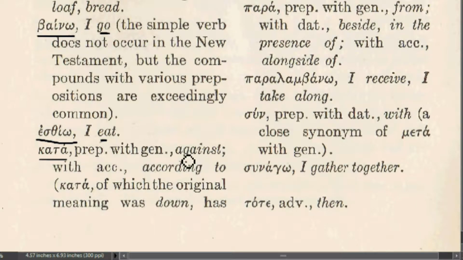The genitive tends to stand for separation, so that's how you think of that, whereas with the accusative, it suggests more a moving together, so it's going to be according to. And the word kata also can simply mean down, and is often used in combination with other verbs with that sense. Katabino, for example, then means I go down, as opposed to anabino that we saw earlier, that means I go up.